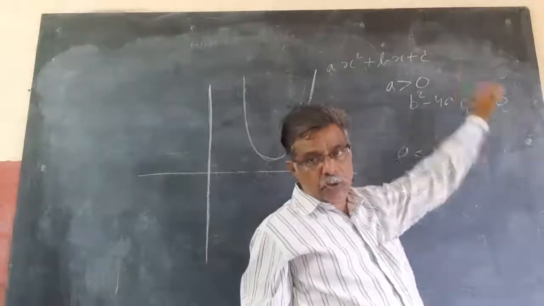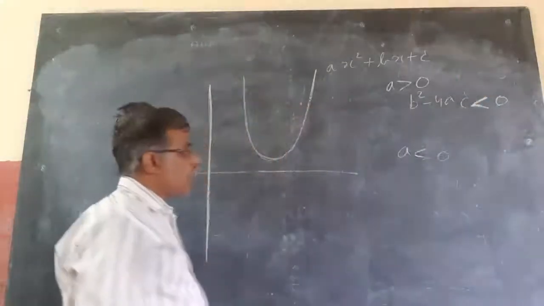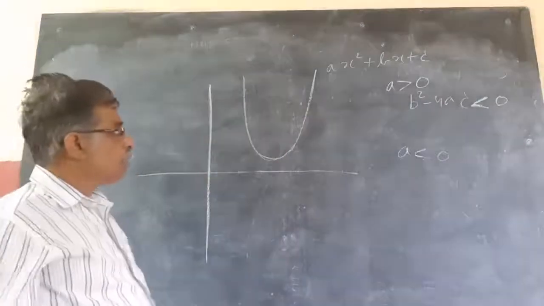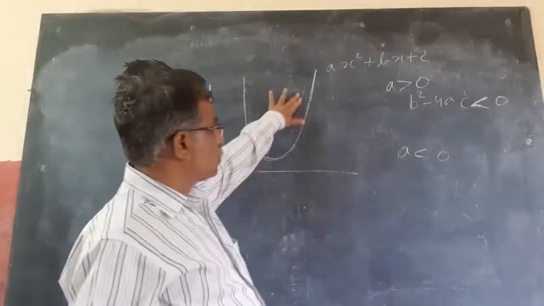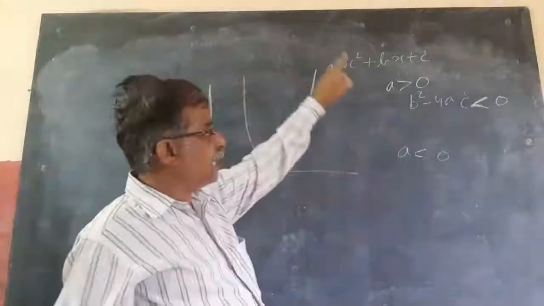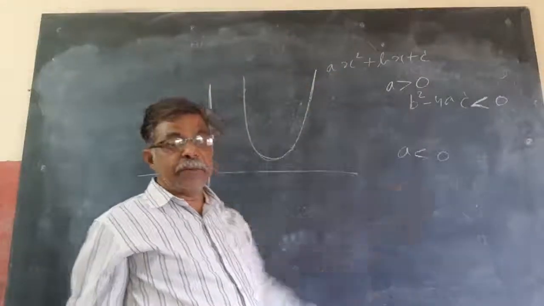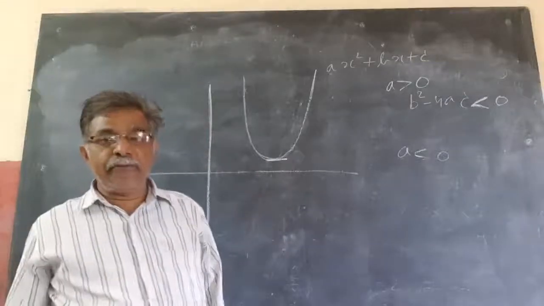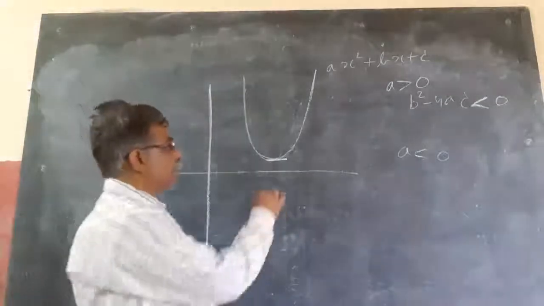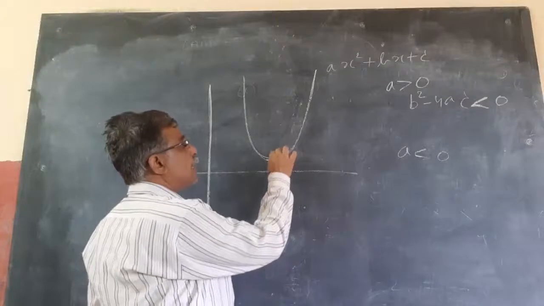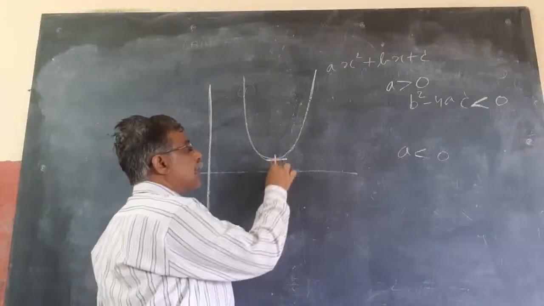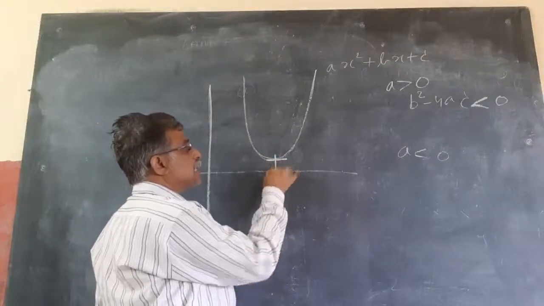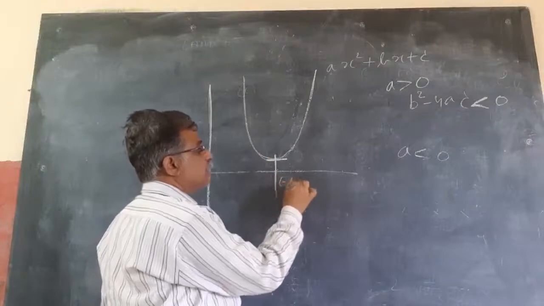Because a is greater than 0, as we discussed in the last class, it will have a minimum value. This is the minimum value, at minus b by 2a. So if you draw a line parallel to the y-axis from this point, it cuts the x-axis at minus b by 2a.